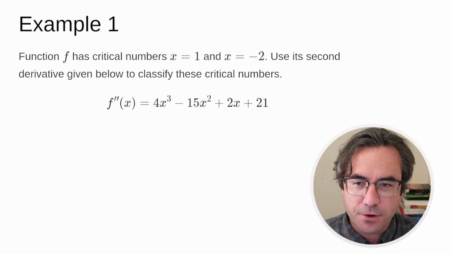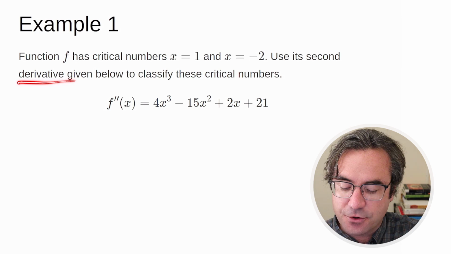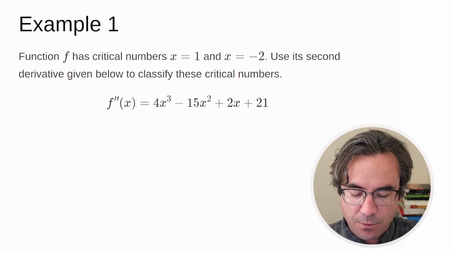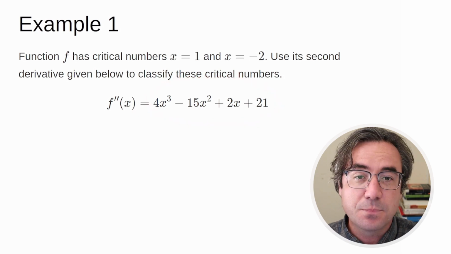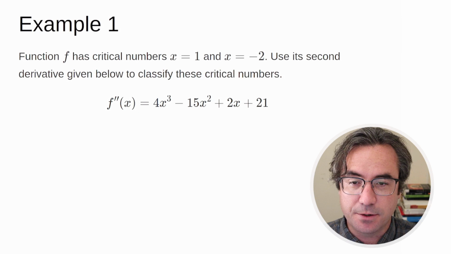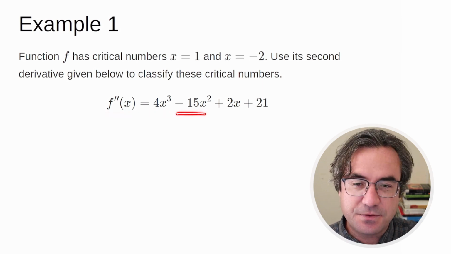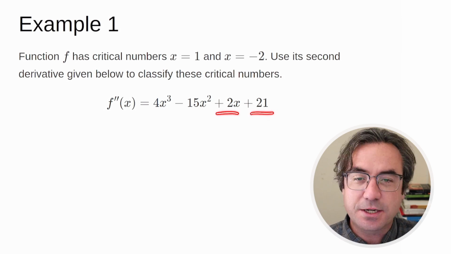Then we've gone further and calculated the second derivative, f double prime, and we're going to use it to help classify our critical numbers. The second derivative is 4x cubed minus 15x squared plus 2x plus 21.